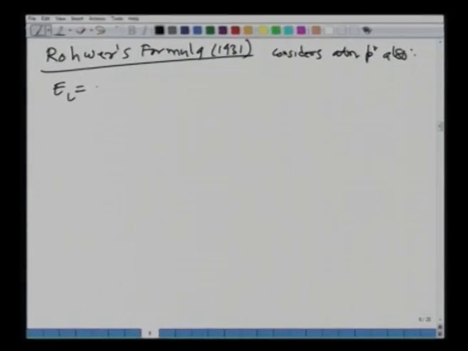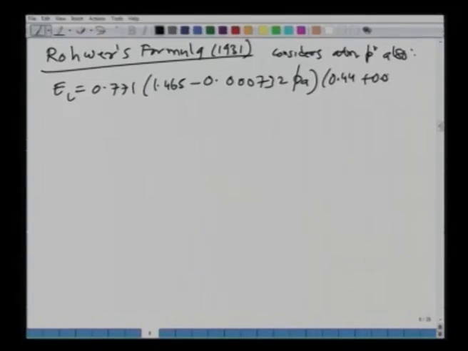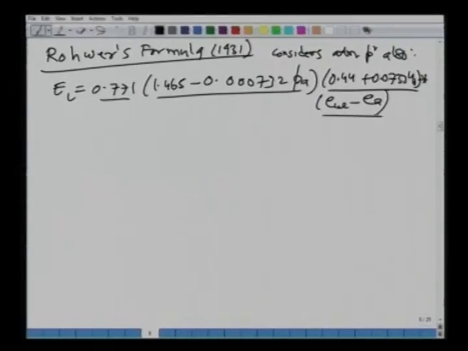E L is equal to 0.771 times (1.465 minus 0.000732 times P A), and then you have (0.44 plus 0.0733 U naught), and all of this is multiplied by E W minus E A. We see that 0.77 multiplied by this whole thing multiplied by this, and then this is multiplied by that.